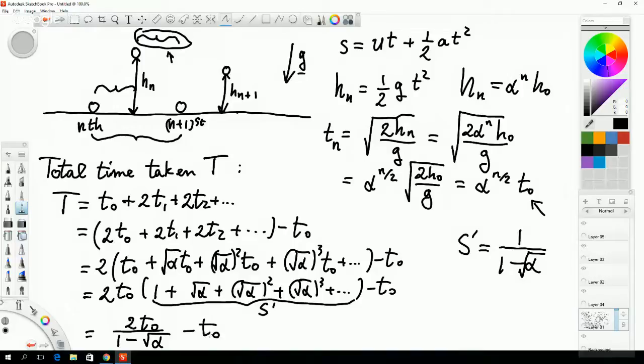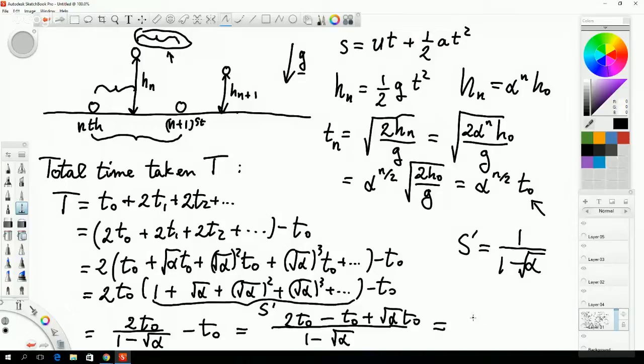In principle, you might say, well, this is just it. This is the final expression already. Let's just clean it up a little bit. We end up with 1 minus square root of alpha at the bottom, and at the top, 2t naught minus t naught plus square root of alpha t naught.